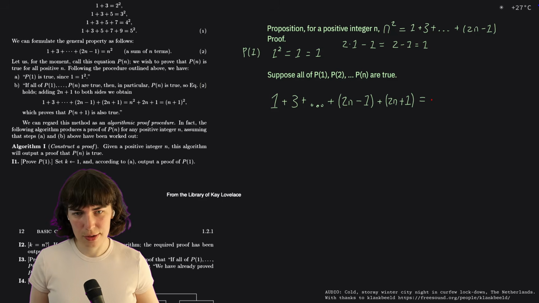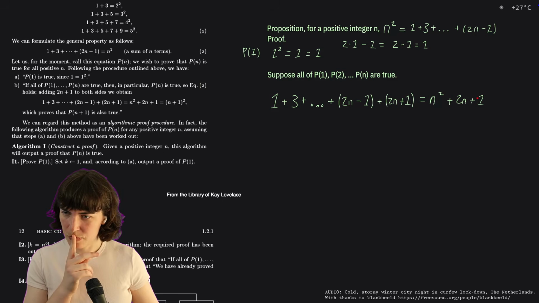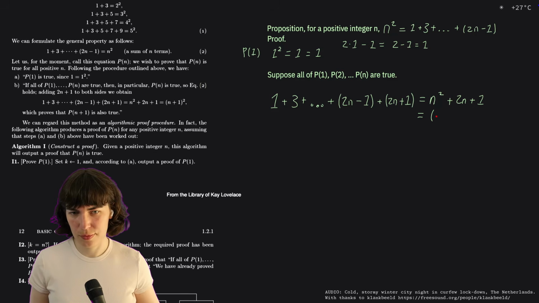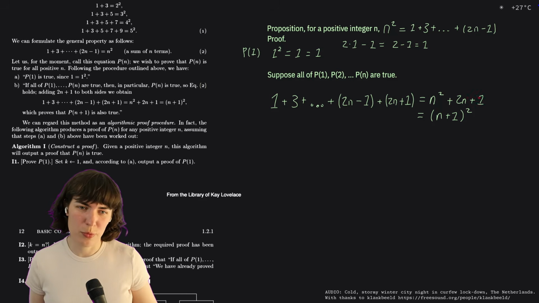which is n squared, so we've got that already, plus 2n plus 1, which is also going to equal n plus 1 squared, because that's what this works out to, I guess.